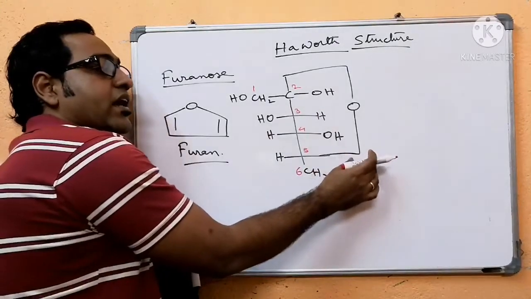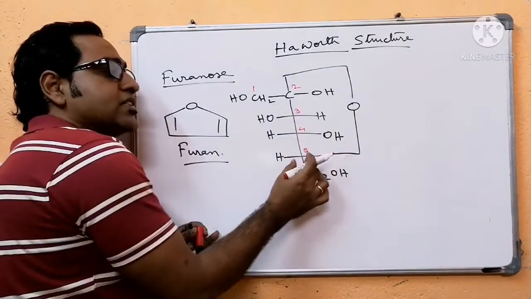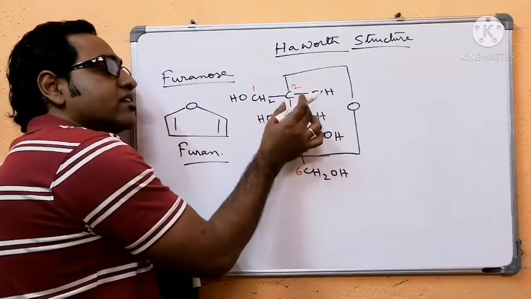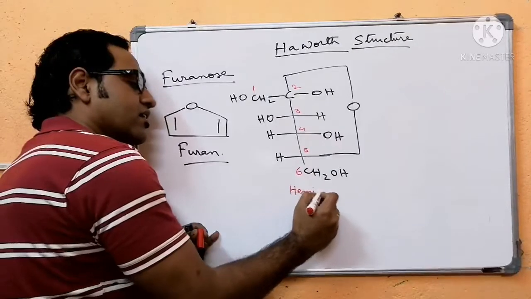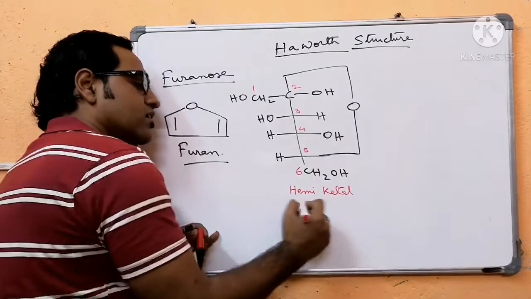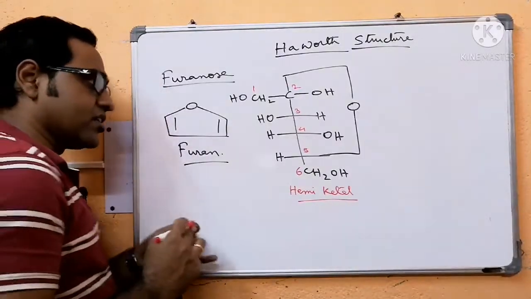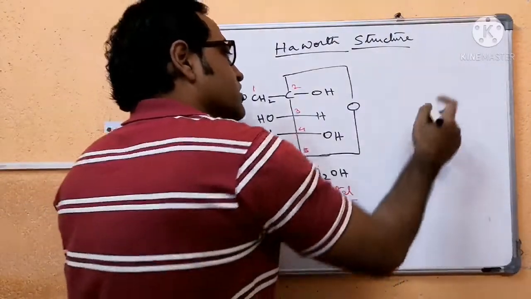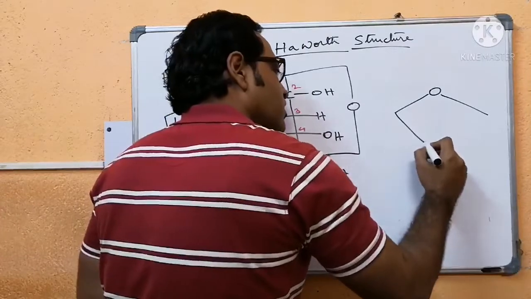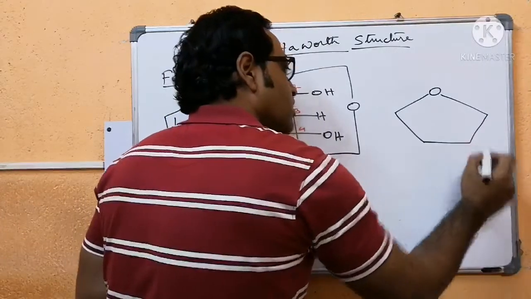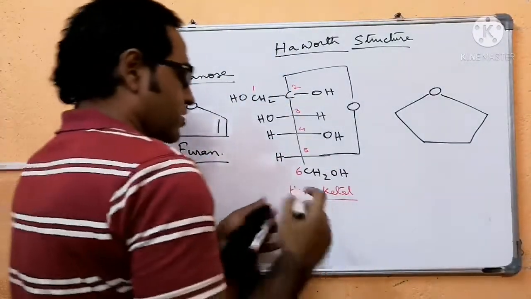Here, an alcohol OH group at the C5 position has attacked the keto group. So it is a hemiketal. So this is a hemiketal structure. Now draw this. Okay.